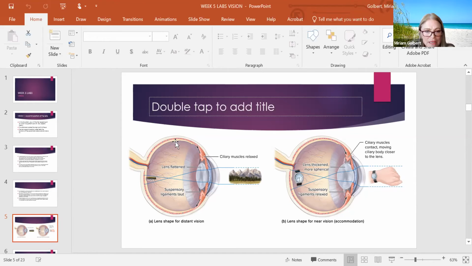The little nuclei that you see there are because this is highly vascularized, meaning that it has a lot of blood vessels, so that the photoreceptors, which are on the innermost layer, which is the retina, get the oxygen and the nutrients that they need.